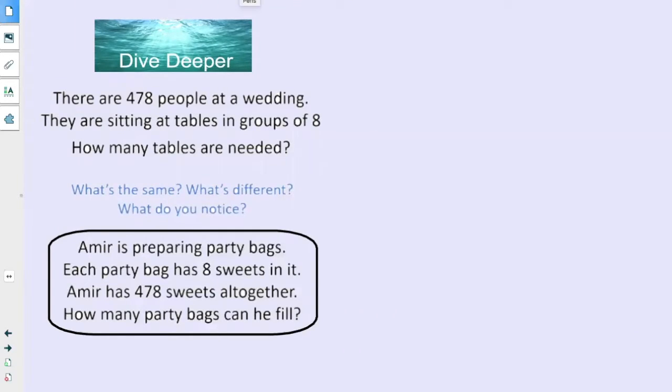Okay, so in this question, we needed to work out what was the same, what was different, and things that we noticed in general. So the same, the calculations in both the questions were the same, 478 divided by 8. So I'm just going to draw that out for you.